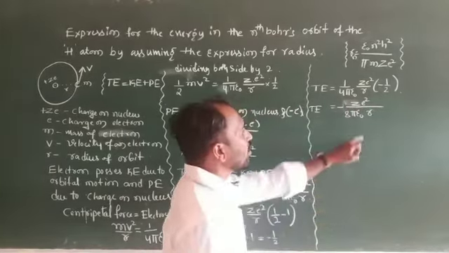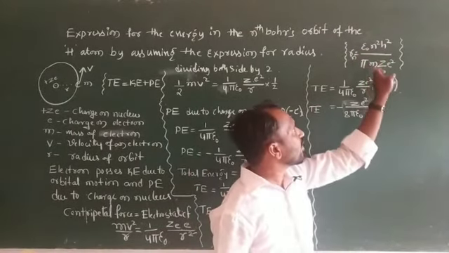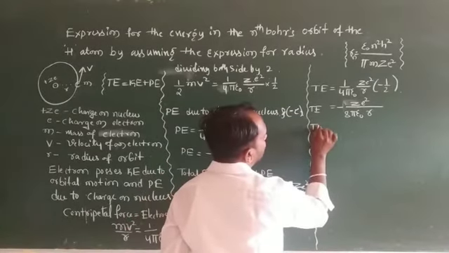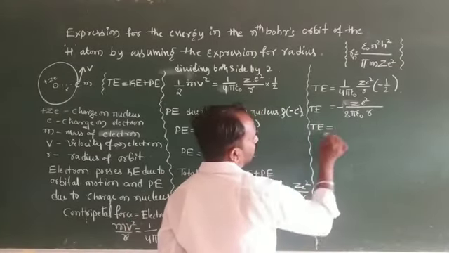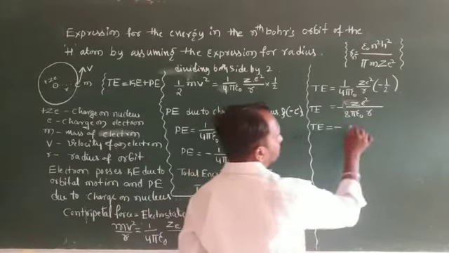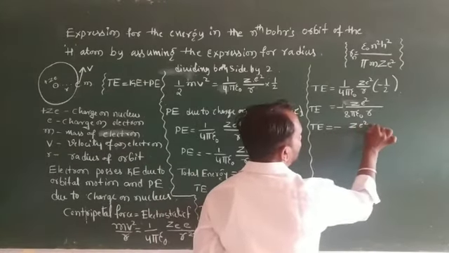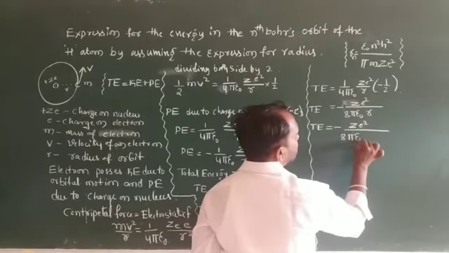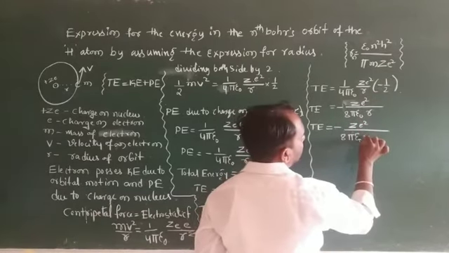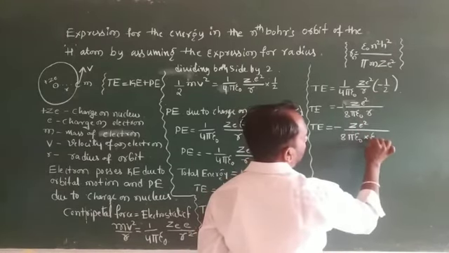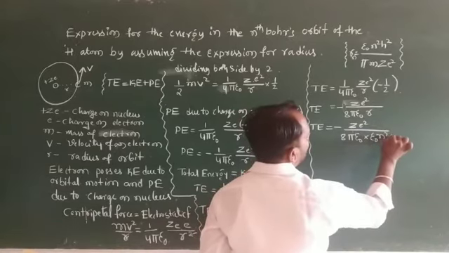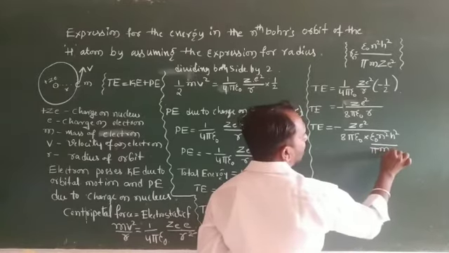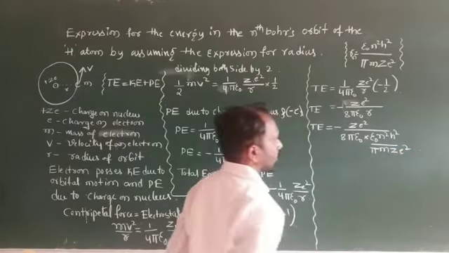We already know the R value, epsilon naught n square h square divided by pi m Z E square. So I will take the R value. The total energy of the nth orbit is equal to minus Z E square divided by 8 pi epsilon naught, R value, into epsilon naught n square h square divided by pi m Z E square.